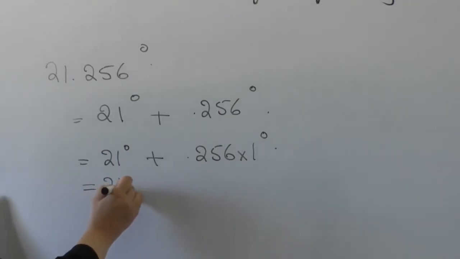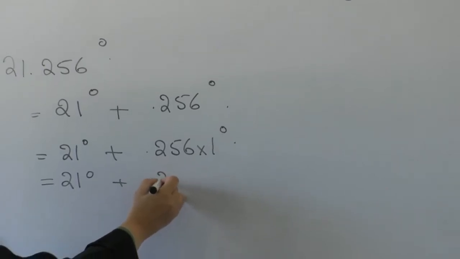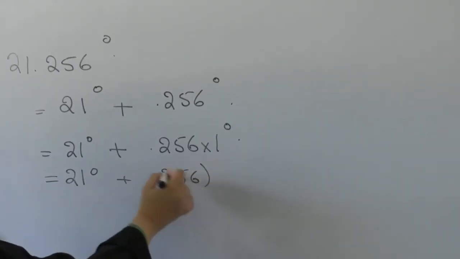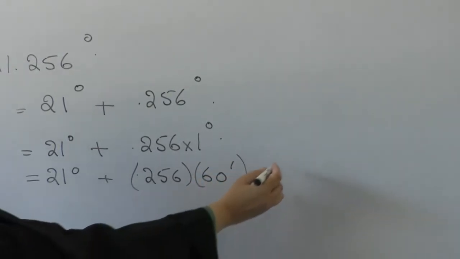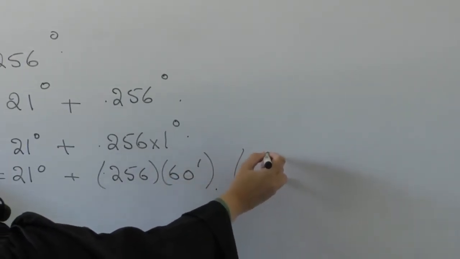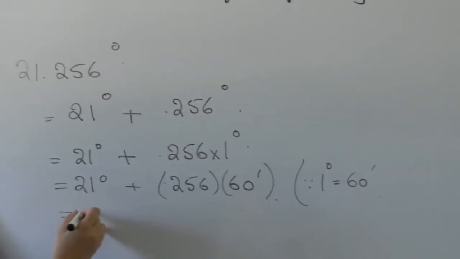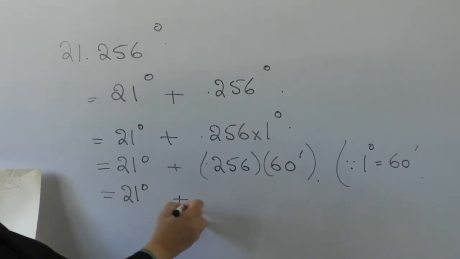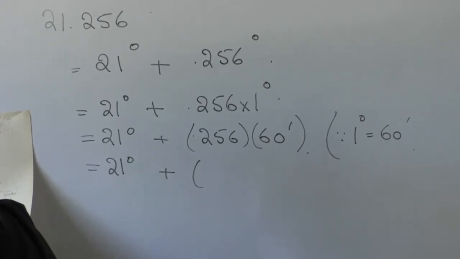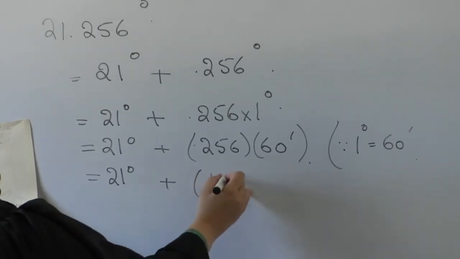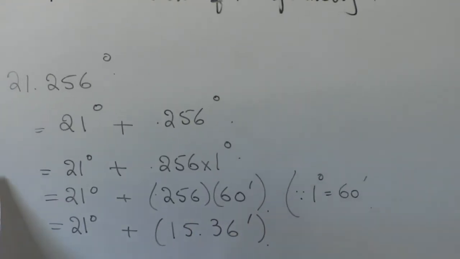So we replace this degree: 0.256 into 60 minutes, because 1 degree is equal to 60 minutes. Multiply, and when we remove this decimal, it becomes 15.36 minutes.